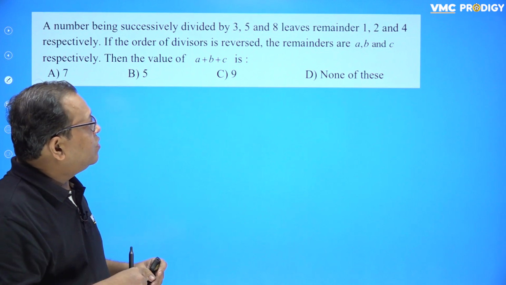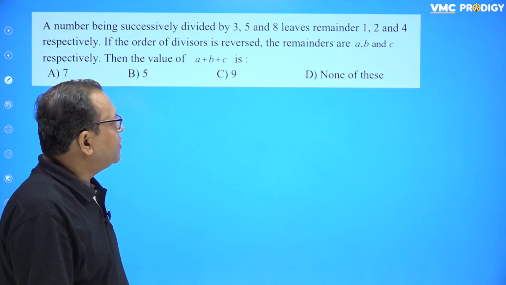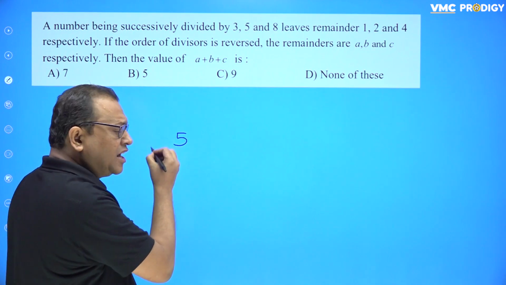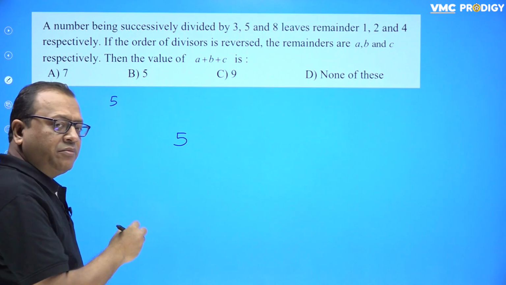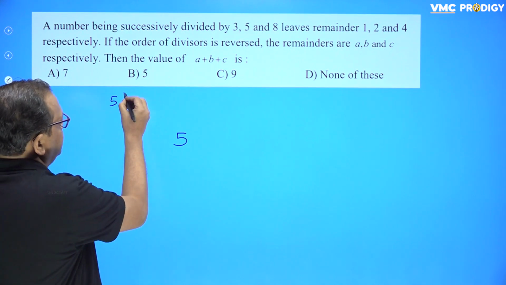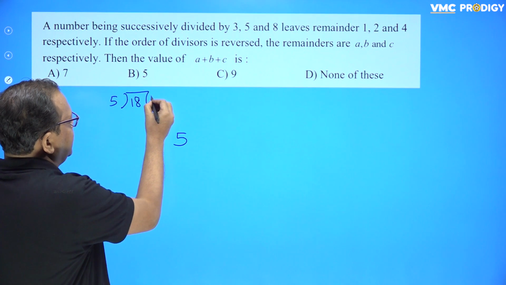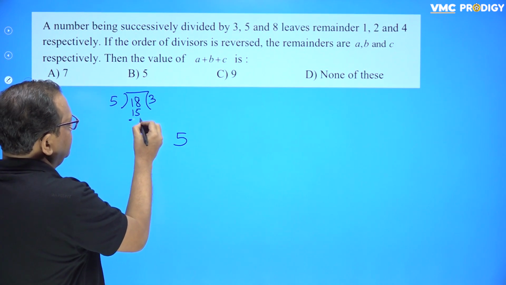Okay, how do we know what we mean by successively divided? So if I say, take a number, say 18, I'll do the calculation here. If I divide 18 by 5, can I say 5 3s are 15 and 3 is the remainder?